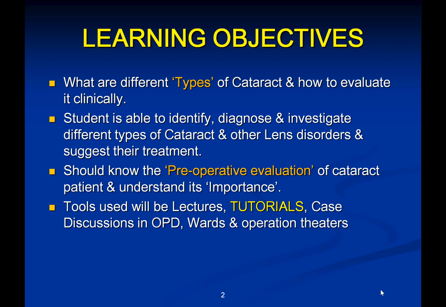And if we can dilate the pupil and see the periphery, we can see the pathology on the back of the lens. Similarly, we can use the slit lamp to measure applanation tonometer, intraocular pressure as well.